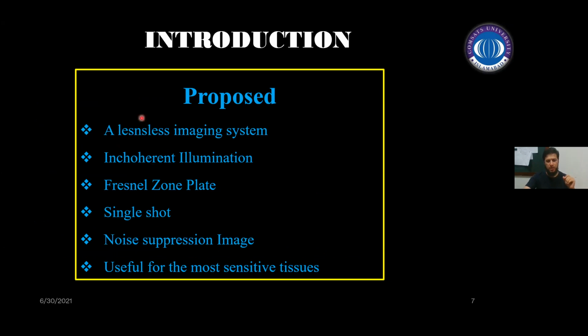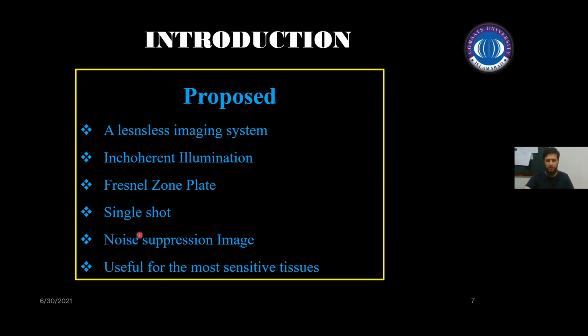In my proposed work, we use a lensless imaging system, and incoherent illumination is used. We use the Fresnel zone plate to encode that illumination, and then we take a single shot, reconstruct that single shot, and suppress its noise.